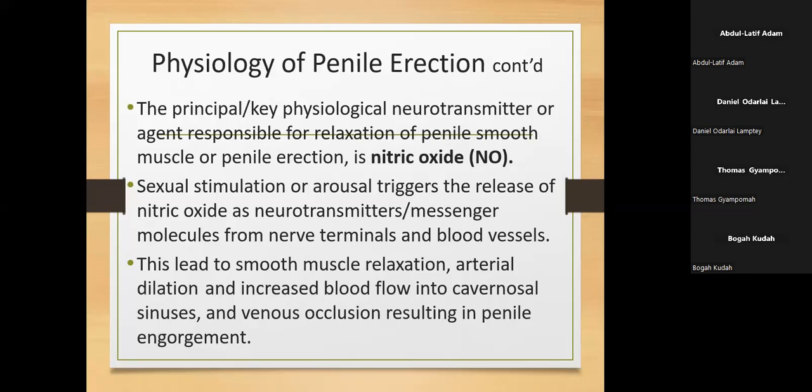Sexual stimulation or arousal triggers the release of nitric oxide as a neurotransmitter or messenger molecule from the nerve terminals and blood vessels. I'm sure this is also something that you can easily appreciate.